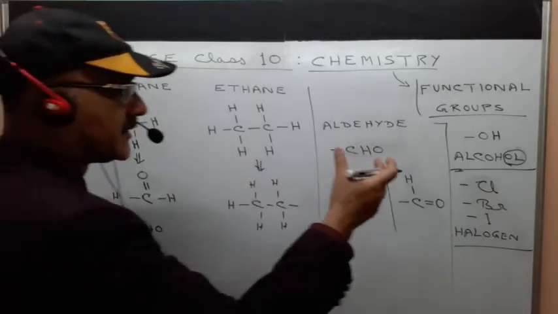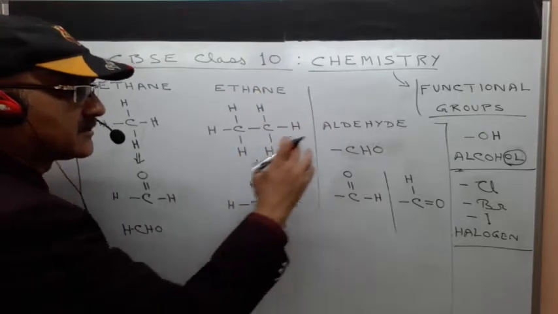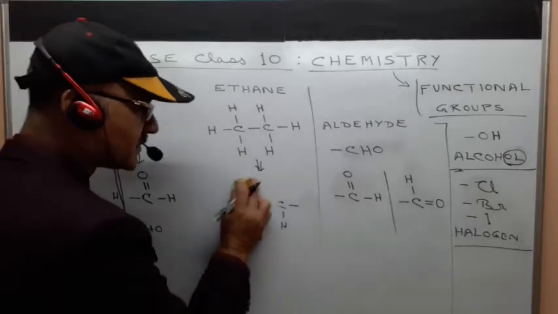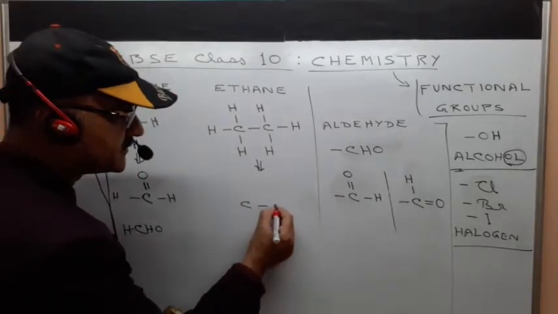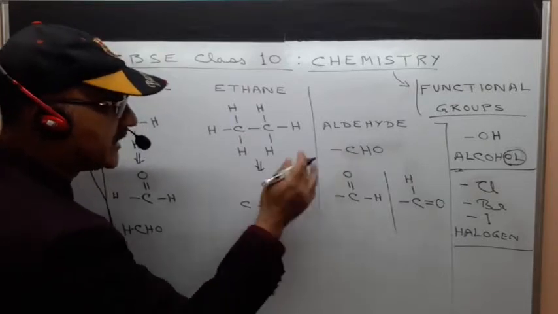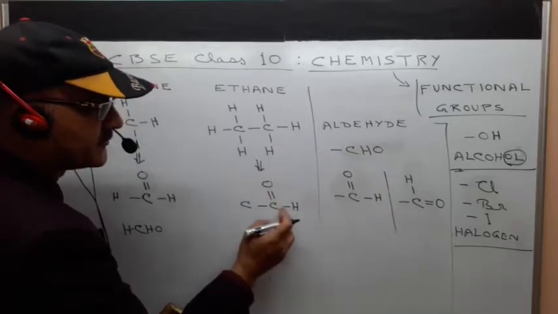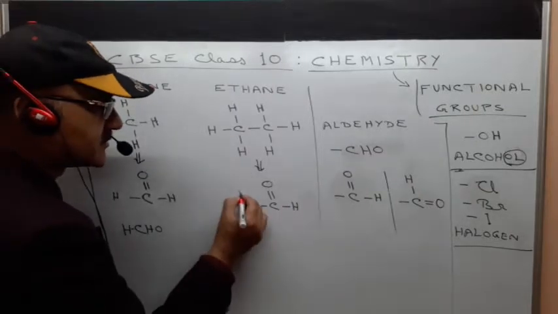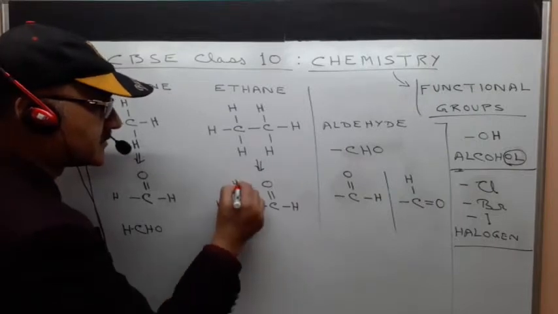Similarly, when an aldehyde group replaces hydrogen in ethane, or the aldehyde group combines with ethane, it will become like this: C, double bond O, single bond H, this one. So 1, 2, 3, 4, so its valency is satisfied. So this C is left, so hydrogen, hydrogen, hydrogen.